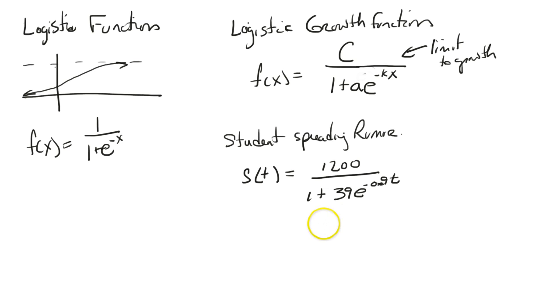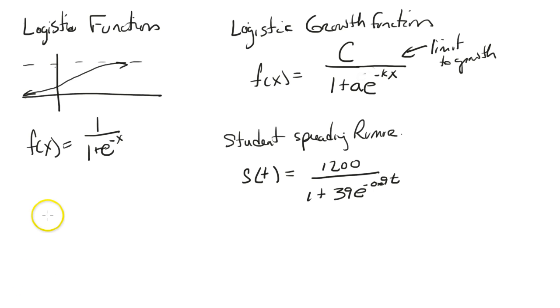They're going to ask you some questions, and we're going to add to the example that was given in the book. So once again, S is students, T is days.